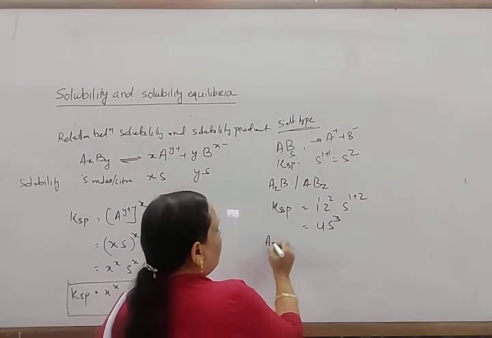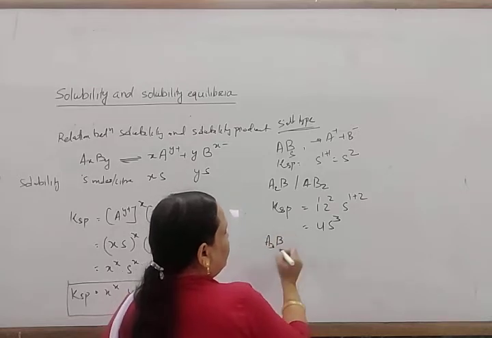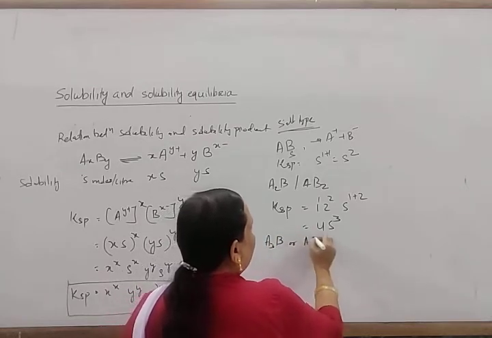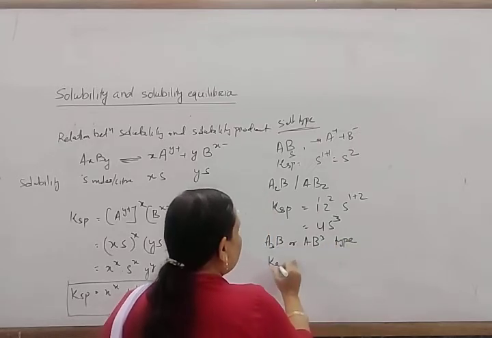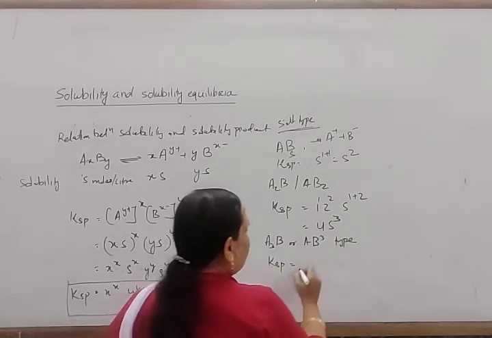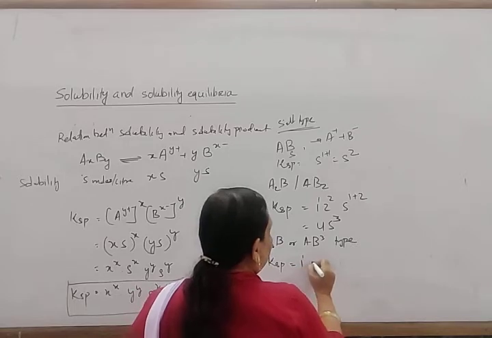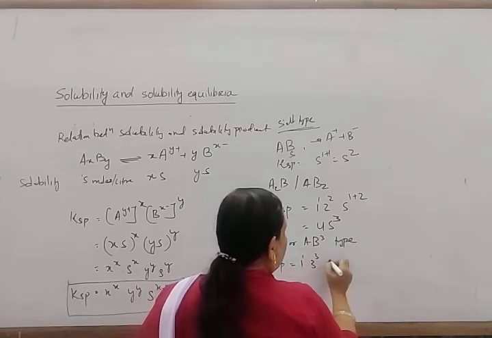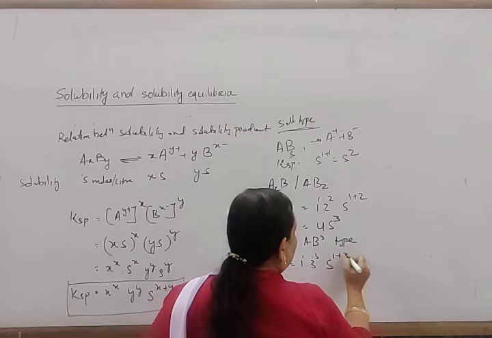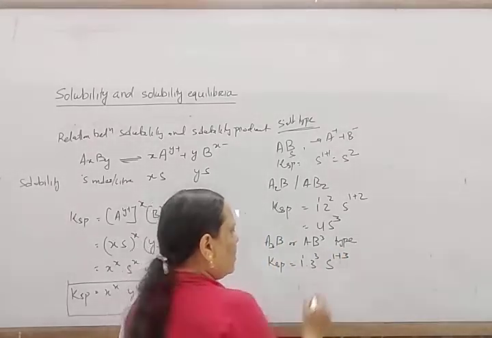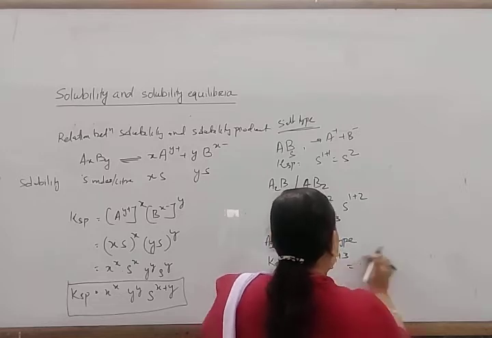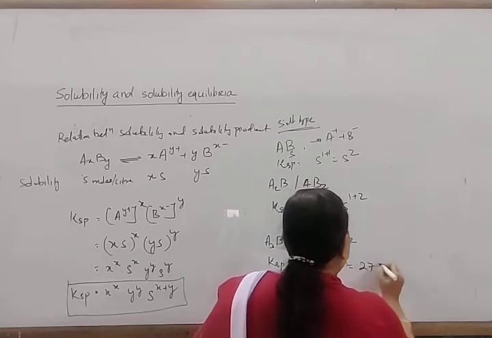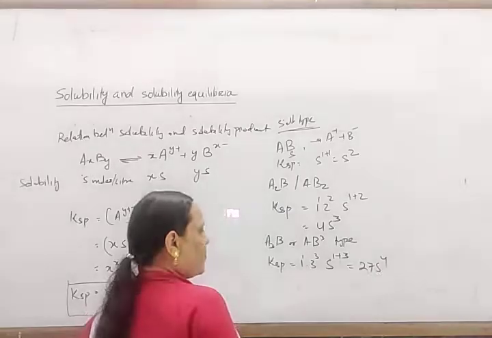Similarly, if the salt is of type A3B or AB3 type, then what is the Ksp value? Its Ksp value is 1^1 into 3^3 into S^(1+3), so this value is equal to 27S to the power 4.